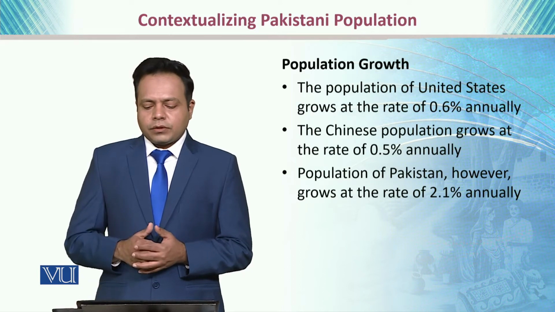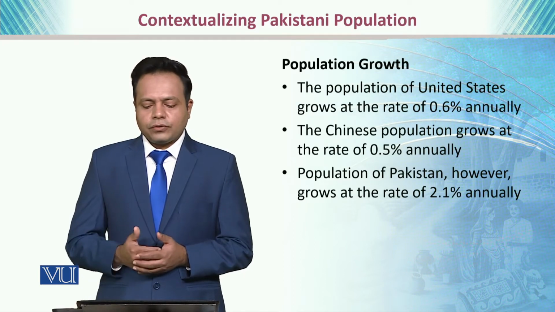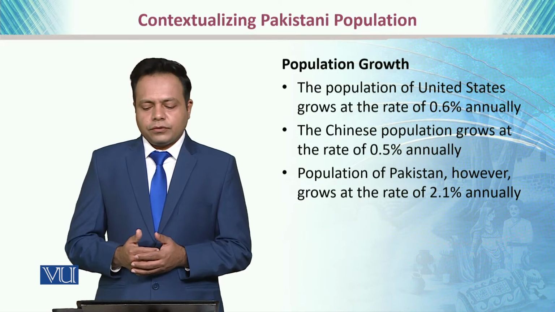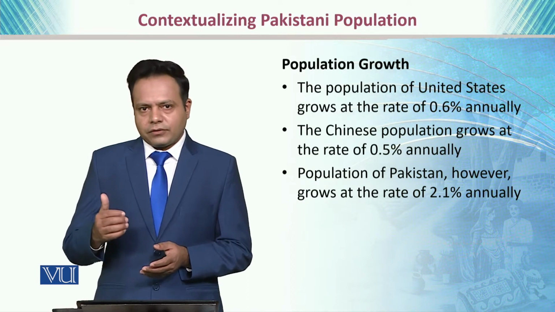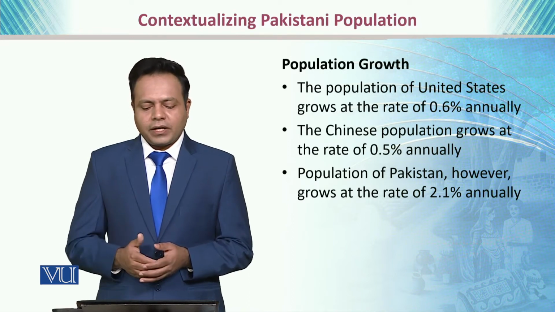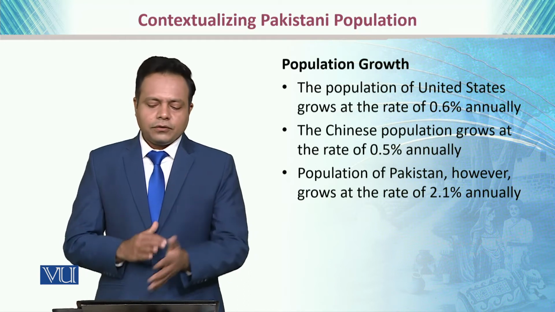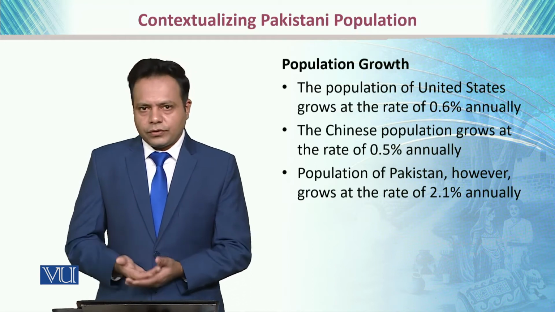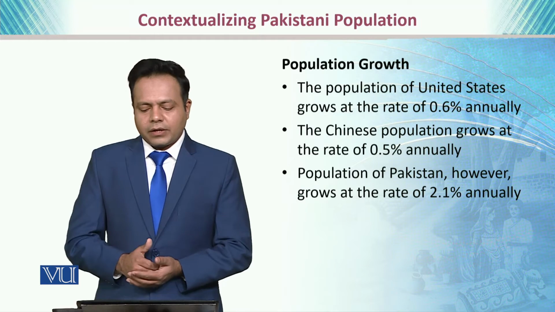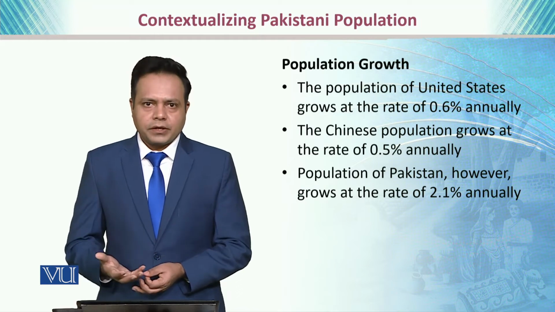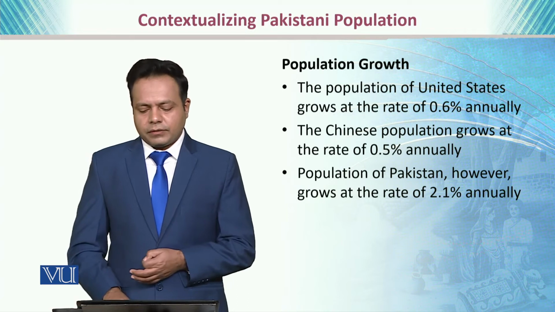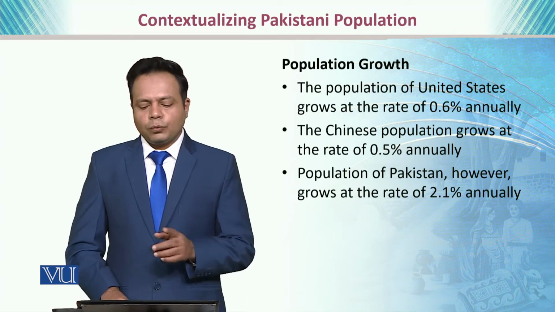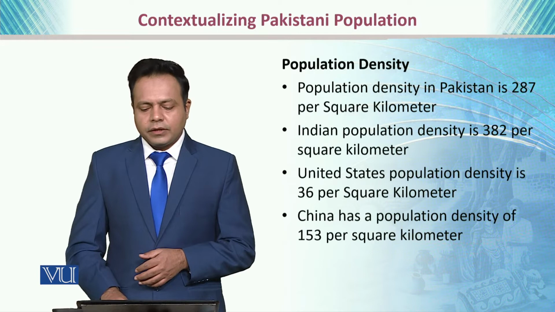The population of the United States grows at the rate of 0.06% annually, whereas the Chinese population grows at the rate of 0.05 annually. So in comparison to all these countries, you would see that the population of Pakistan is growing quite rapidly compared to the other populations in the world, at the rate of 2.1% annually.